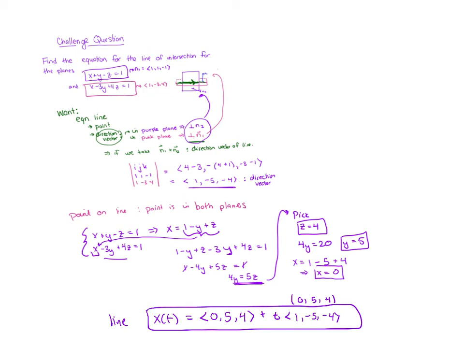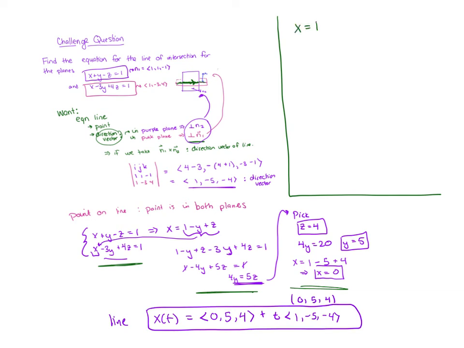But as we're doing this, maybe we say, okay, what if I hadn't even found this normal vector? Can I just go through and solve these two expressions and get a solution? So what did we find so far? We saw that x was equal to 1 minus y plus z, and that 4y was equal to 5z.